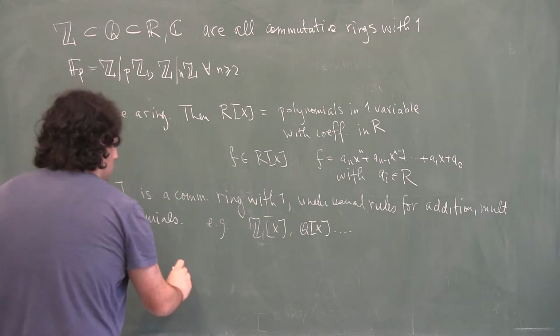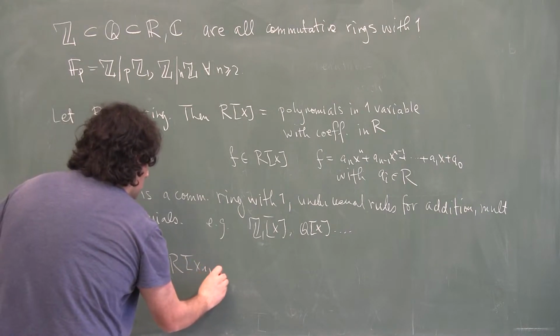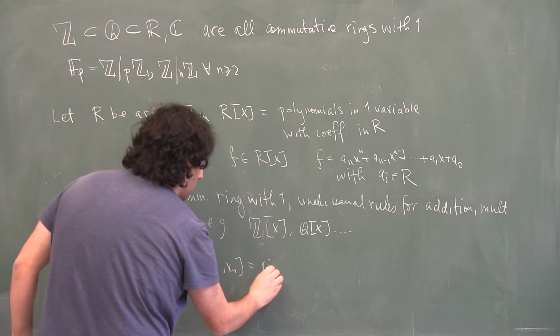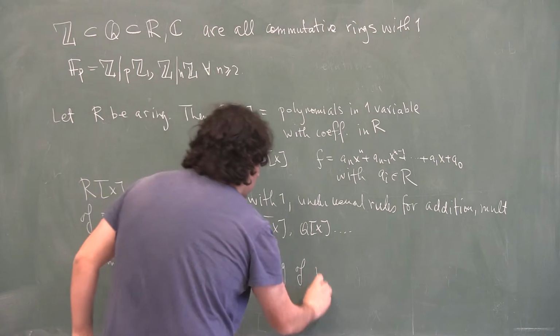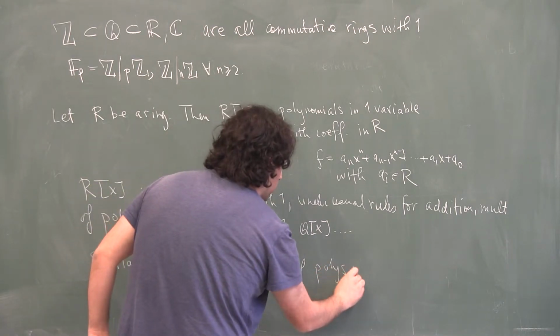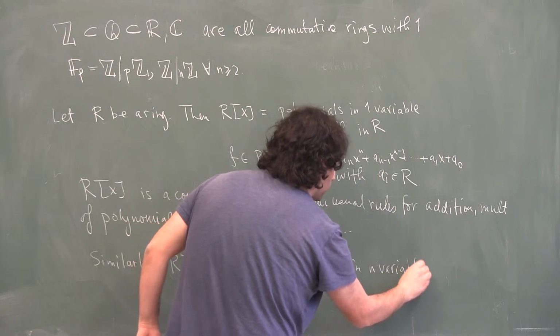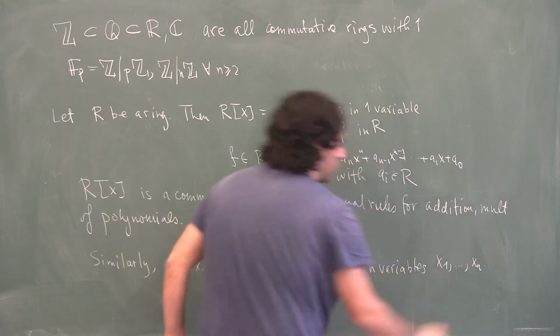So similarly, we have R[x1, ..., xn]. This is the ring of polynomials in n variables x1 up to xn.